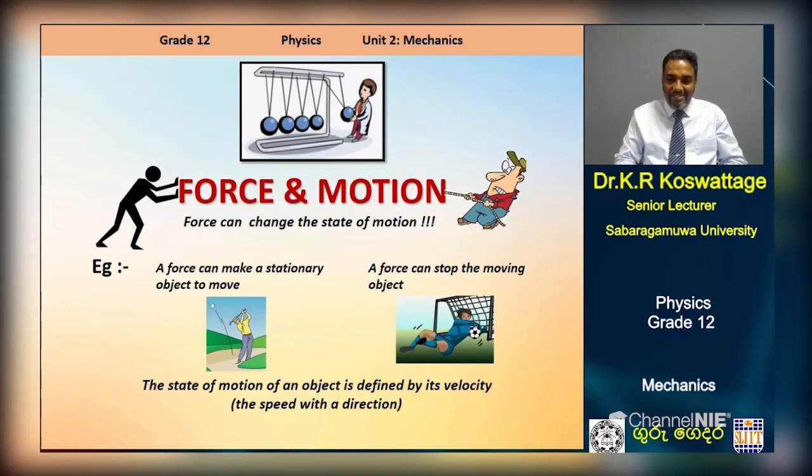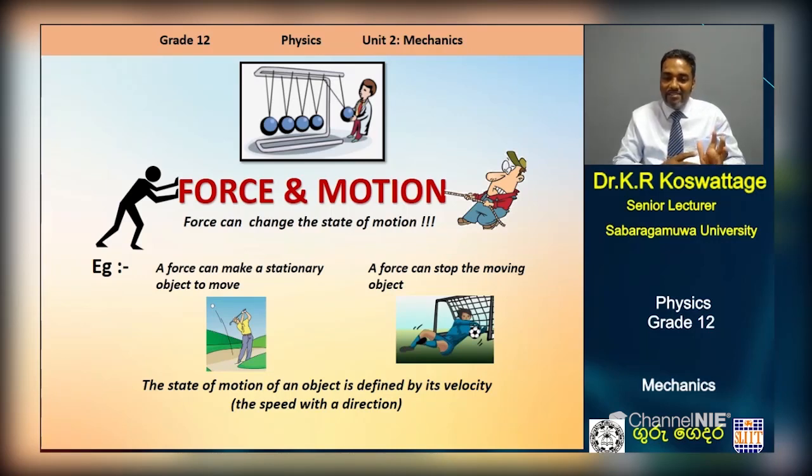And then the other picture. Here's an example of, let's say, a penalty shoot in a football game. Here force can stop the movement of any object. So force can be used to stop the motion of an object. Previously force could make a stationary object move, and here force can stop the motion of any object.